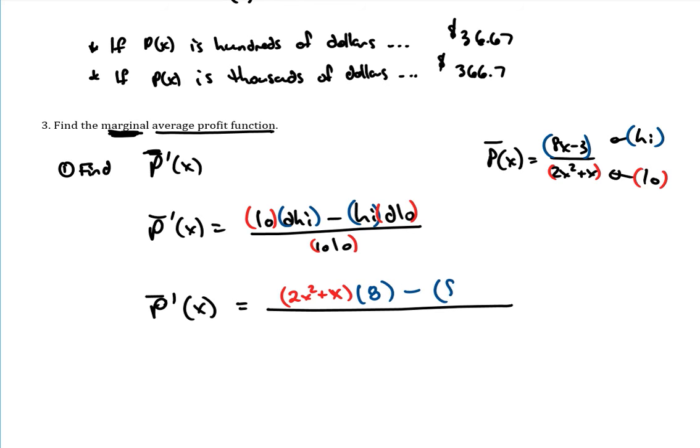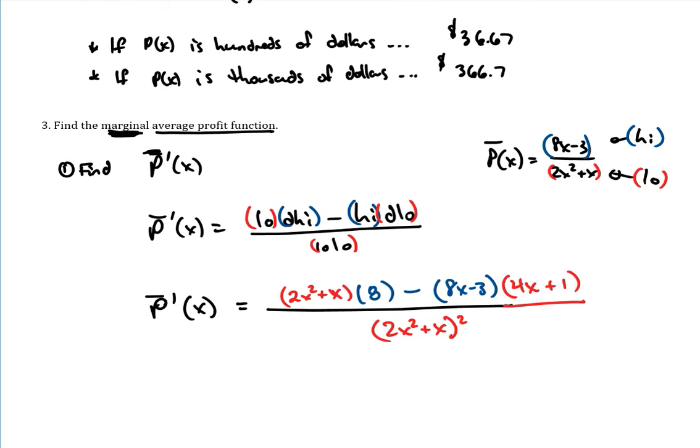And then we have minus just the high, the 8x minus 3. And then the derivative of the low, again, I think we could just eyeball it. Looks like 2 and 2 would make 4x minus 1, so we have 4x, and then the derivative of x would be 1. All over the low one, the 2x squared plus x getting squared.